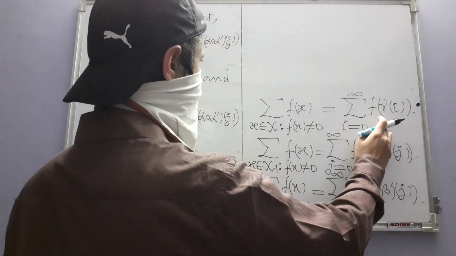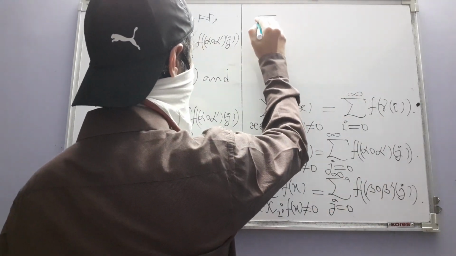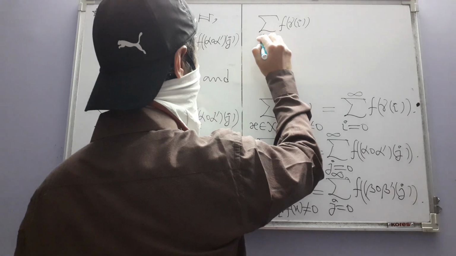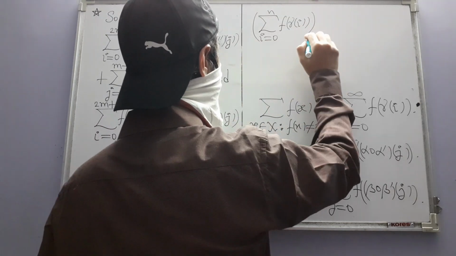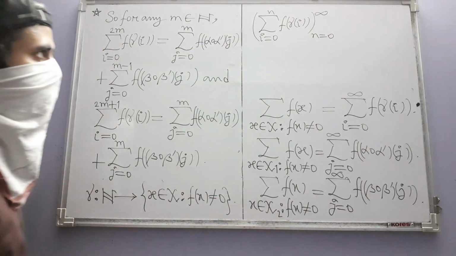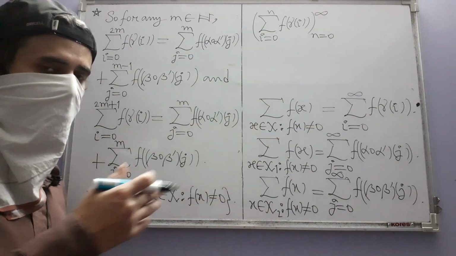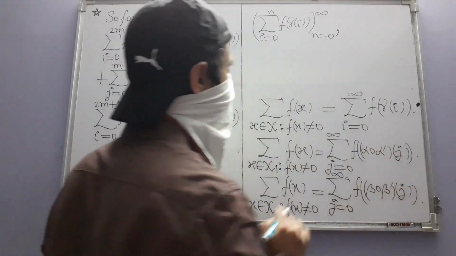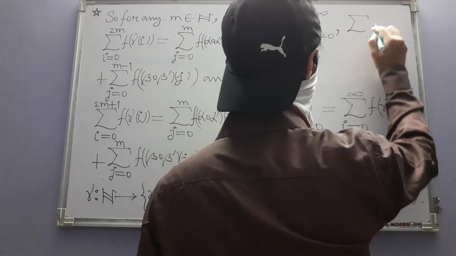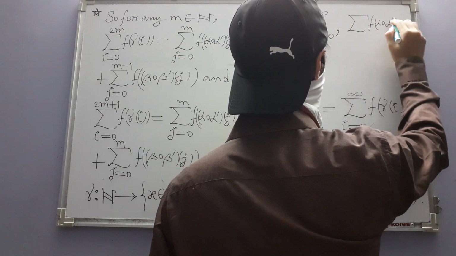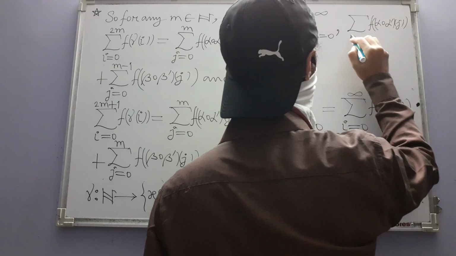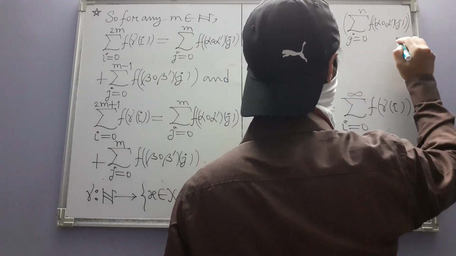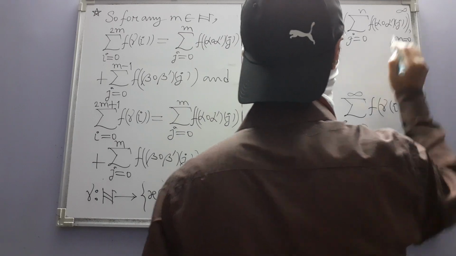The sequence of partial sums of this series looks like this. Partial finite sums. The one for this series looks like this. You can take 0 to n, say, because n is after all n, where n itself varies from 0 to infinity.